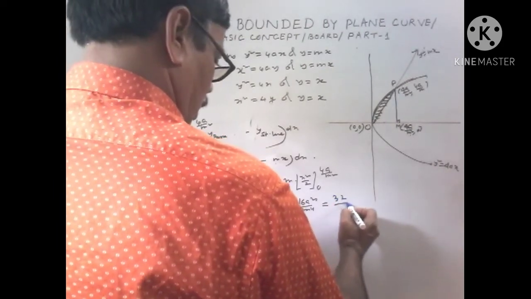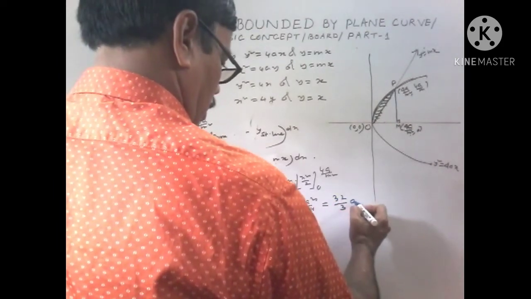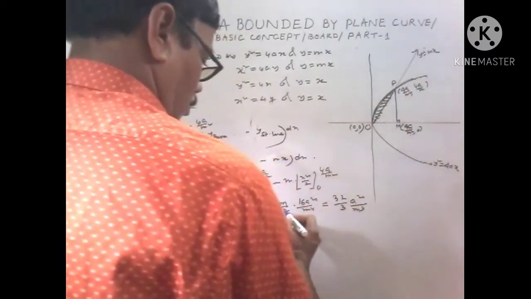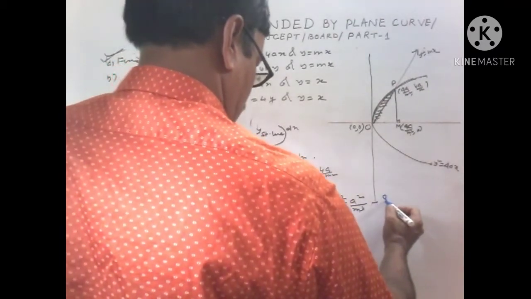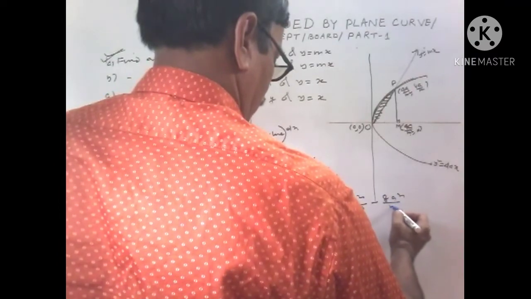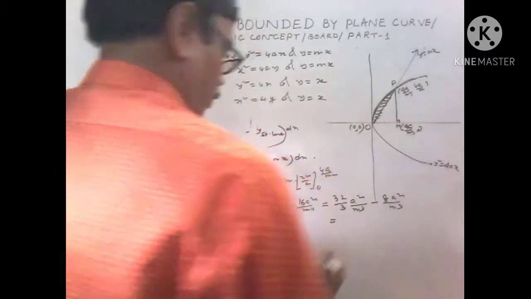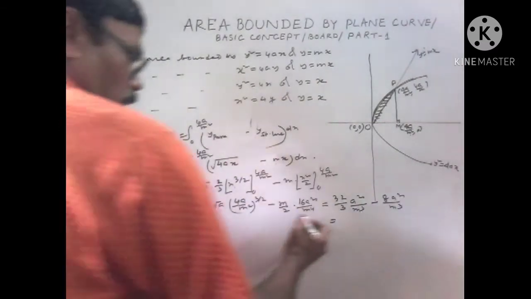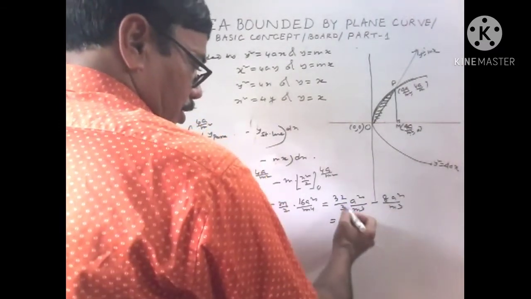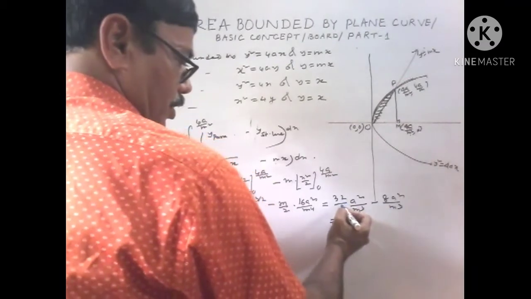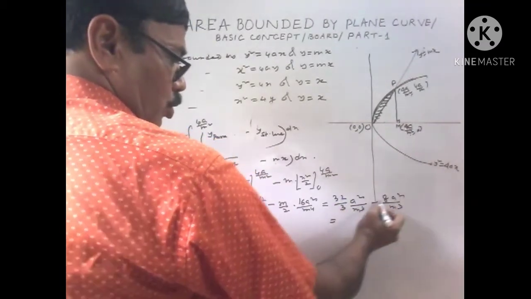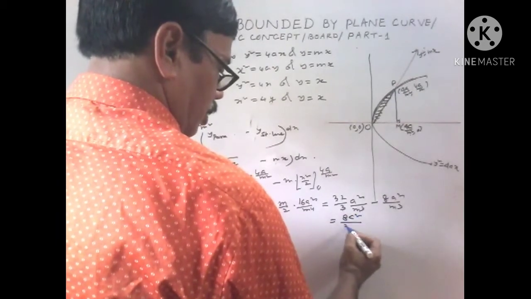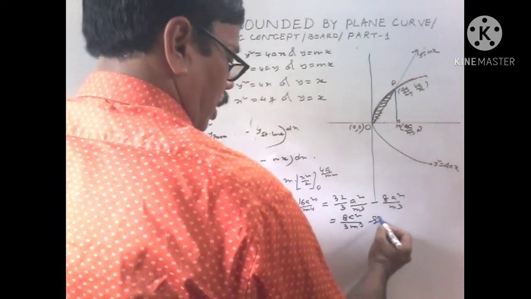So 32 by 3 a squared by m cube minus 8a squared by m cube. So if we simplify, 32 by 3 minus 8 is 8 by 3, so 8a squared by 3m cube.